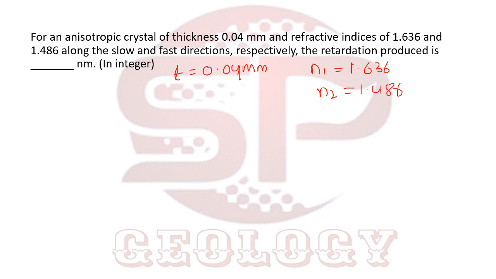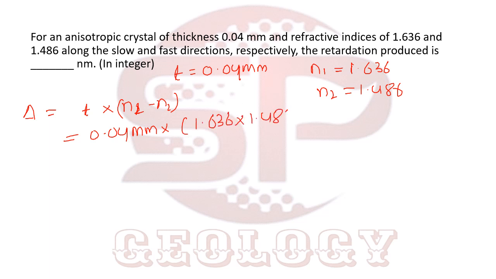So the retardation will be thickness into birefringence, N1 minus N2. So the thickness is given 0.04 mm into 1.636 minus 1.486.